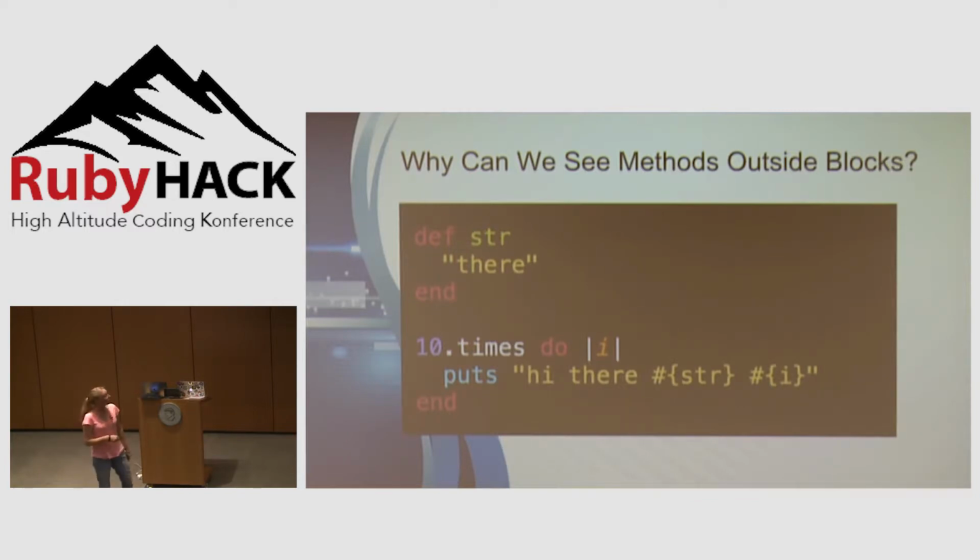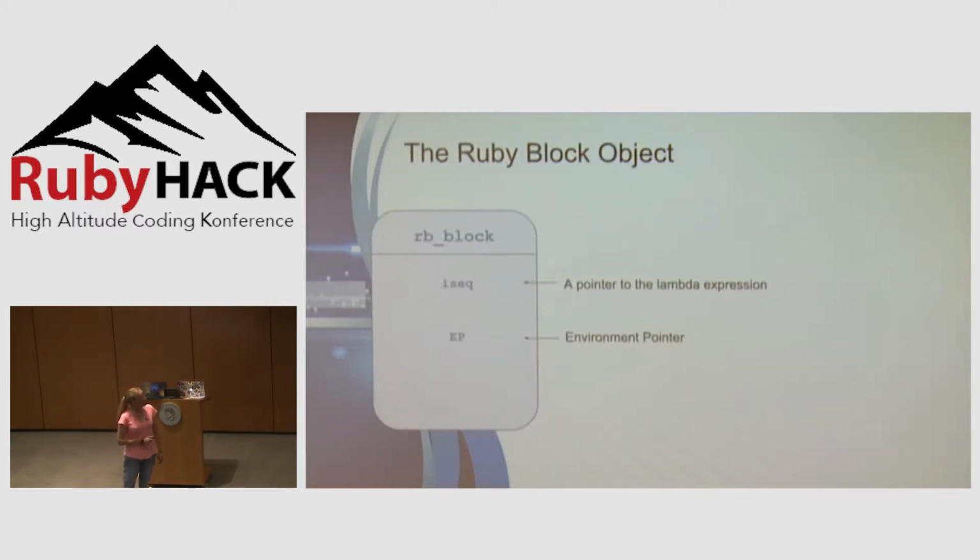And to understand how this works, we need to take a look at the Ruby block object again. So here it is with its RSpec and environment pointers. And it turns out this block object has another really important property called the self property. This self property gets set to whatever object was active when the block was created.